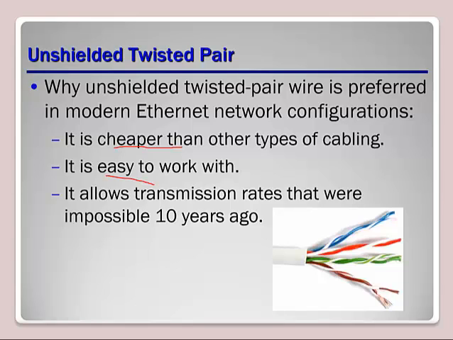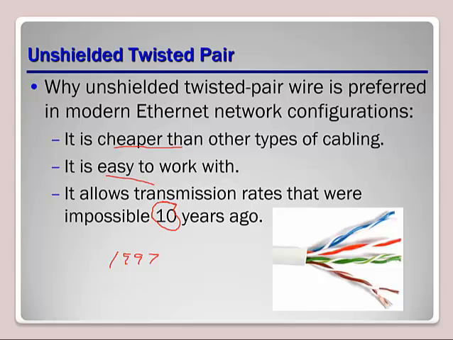I don't know if that's exactly accurate, but maybe these slides were made a little older. But this unshielded twisted pair, I remember back in 1997 or so, started coming out, and it was very popular back then for getting those speeds that you weren't getting in the other types of media.